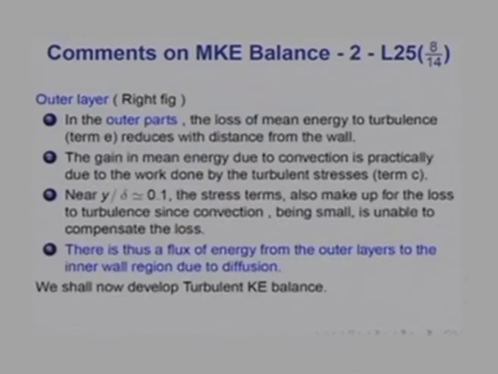Now, if you look at the right figure on the outer parts, then the loss of mean energy to turbulence, term E, reduces with distance from the wall. The gain in the mean energy due to convection is practically due to the work done by turbulent stresses. This is the term C. Near y by delta equal to 0.1, the stress terms also make up for the loss to turbulence, since convection being small is unable to compensate this loss.